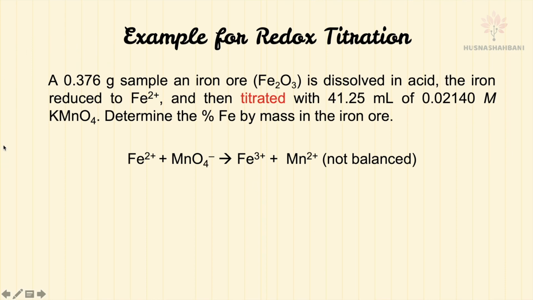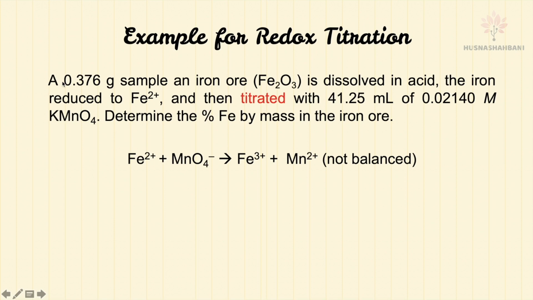Example for redox titration. A 0.376 gram sample of iron ore is dissolved in acid. So mass given is mass of impure iron. This is impure iron because it is a sample of iron ore.